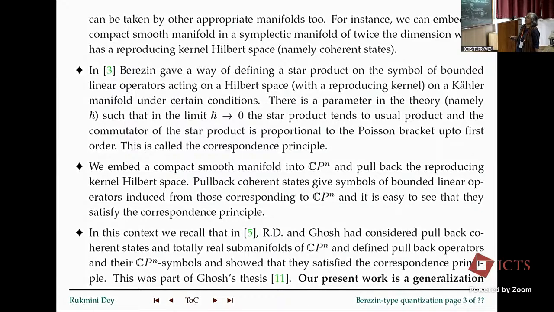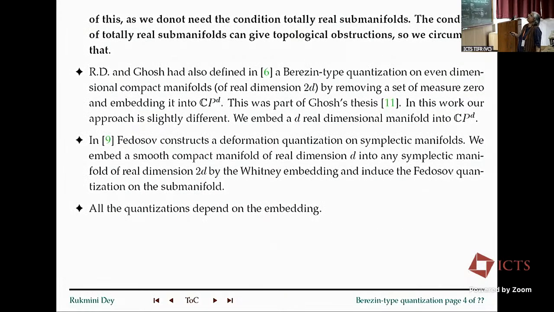And Kohinoor Ghosh, who was my graduate student, and I had done it for totally real submanifolds of CP^N, but ours is a little generalization of that, because we do not want the totally real submanifold, because it can give topological obstructions. And so it can be done in general.